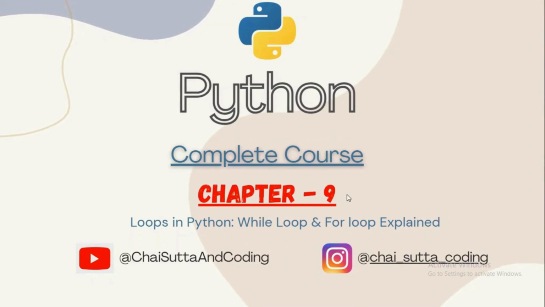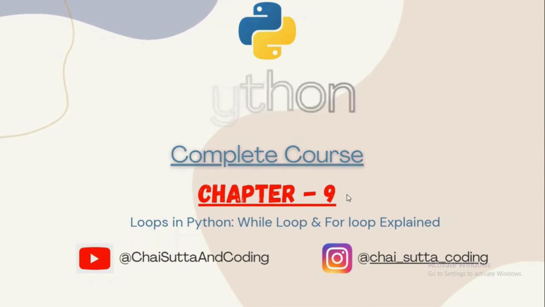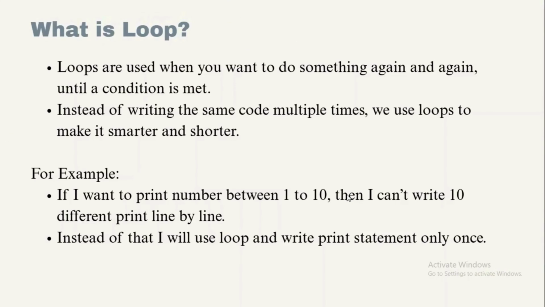Okay, so first of all, let's understand what a loop is. You can consider it this way: loops are used when you want to do something again and again until a condition is met. Instead of writing the same code multiple times, we can use loops to make it smarter and shorter.